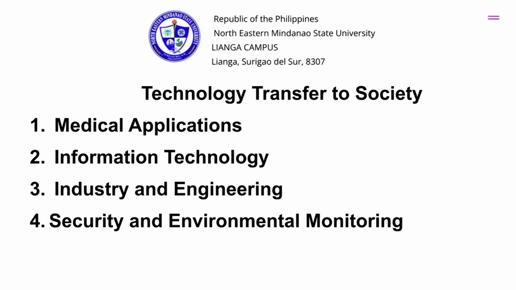Number 4 is security and environmental monitoring, which includes cargo scanning systems, radiation monitoring, and nuclear safeguards. These applications demonstrate how fundamental research drives innovation beyond science, improving health, communication, and technology.